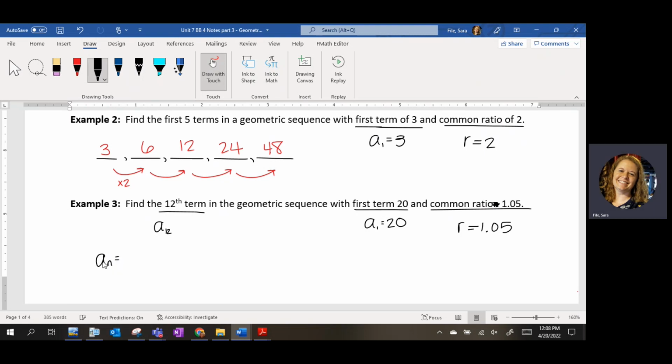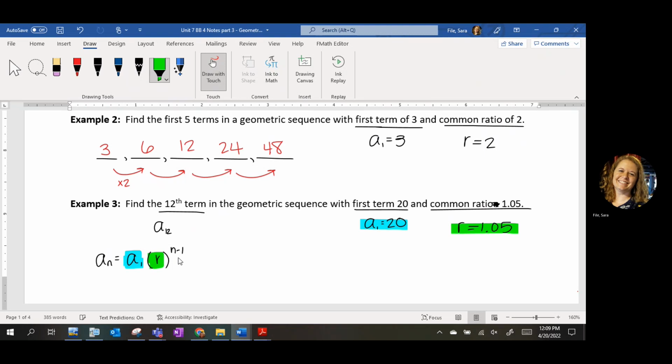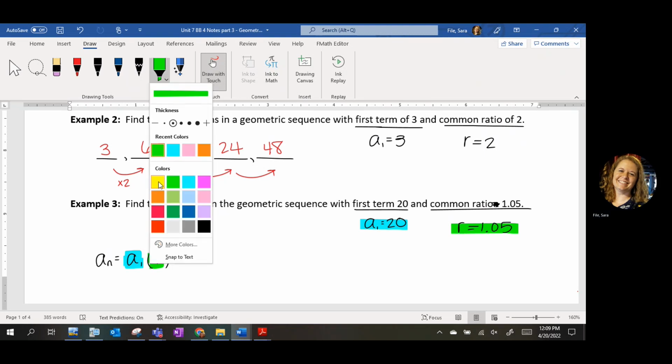To get a specific term number, in this case the 12th term, if you know the first term and the common ratio, this is the formula you can use. So we're going to plug in our first term. It's 20. Our ratio is 1.05.